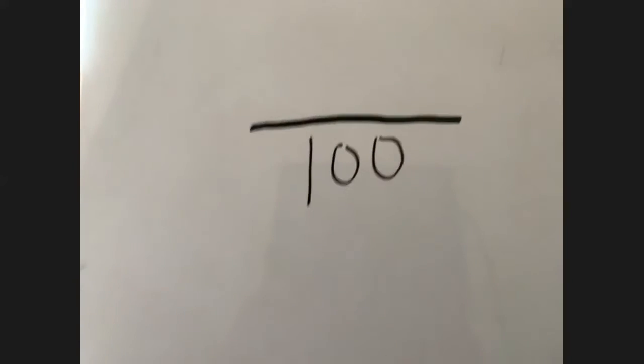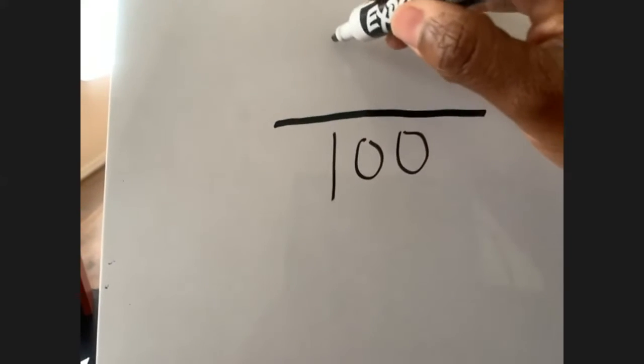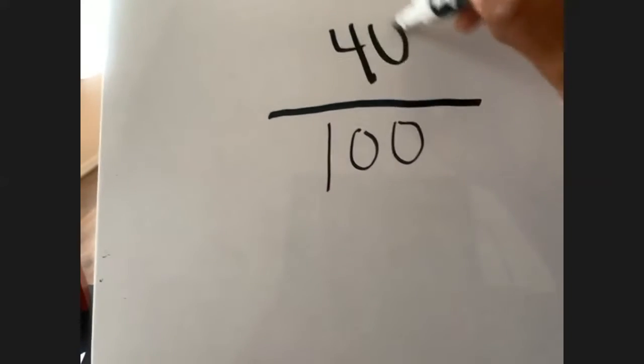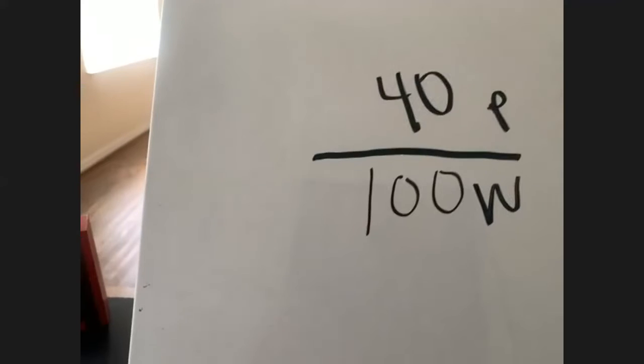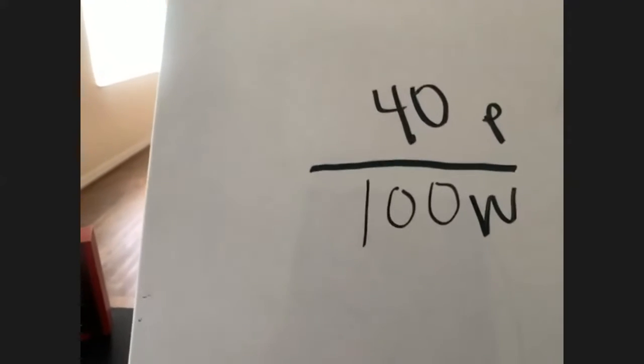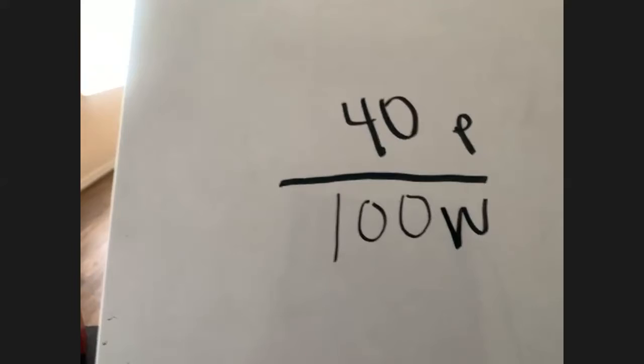And a percent is part of a whole. So if I wanted to know part of 100, I would put 40, which is a part, and the bottom is the whole. Okay, you see that? A percentage is a part of a whole. It's the share. It could be considered a share in relation to a whole number.